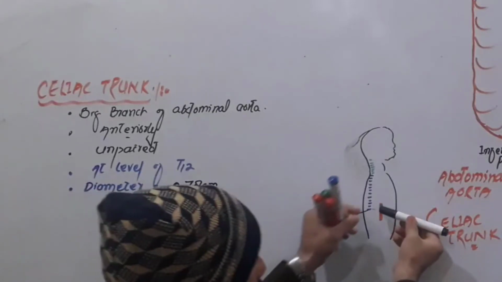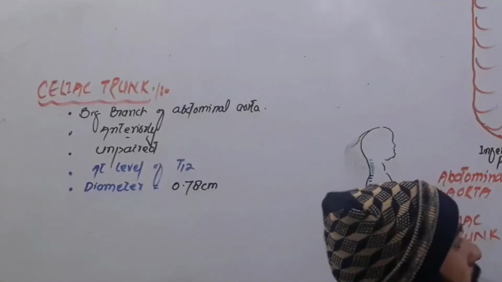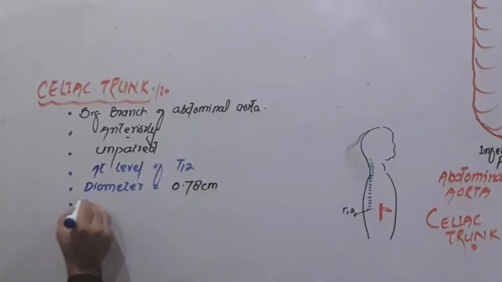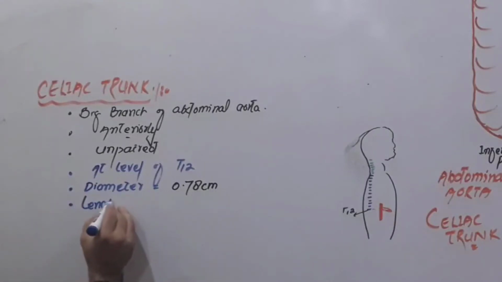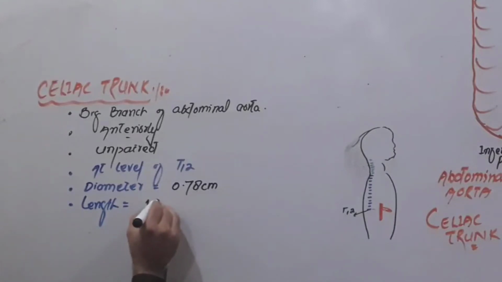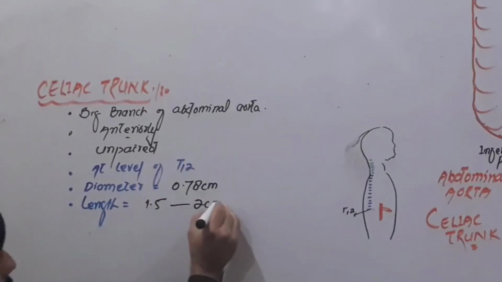If this is the artery which arises from here, this is its diameter. And what is the length of this artery? The length of this artery is from 1.5 to 2 centimeters, right?